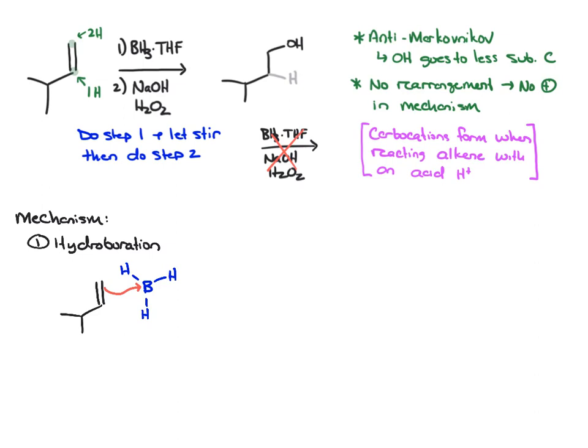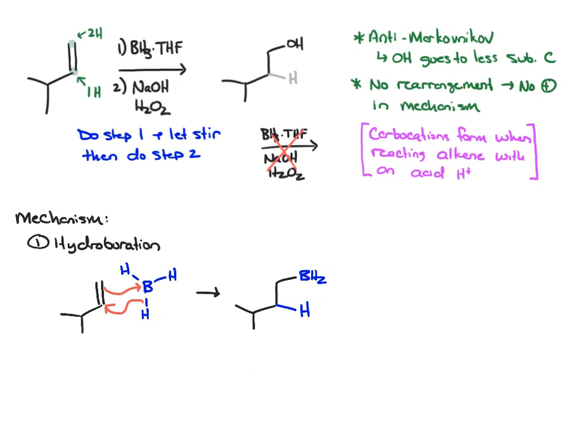The double bond's a nucleophile. The boron is electron deficient, so we know it's the electrophile. And then at the same time, rather than form a carbocation, the hydrogen from the boron adds to the carbon of the double bond, the more substituted carbon. So what do we get? We end up with a bond to BH2 and a bond to the hydrogen.